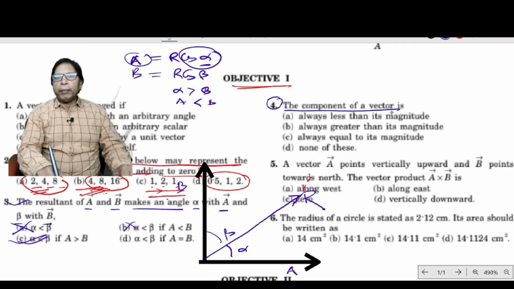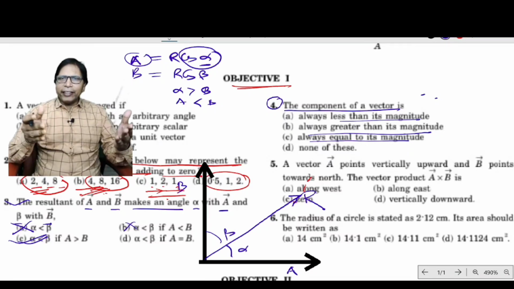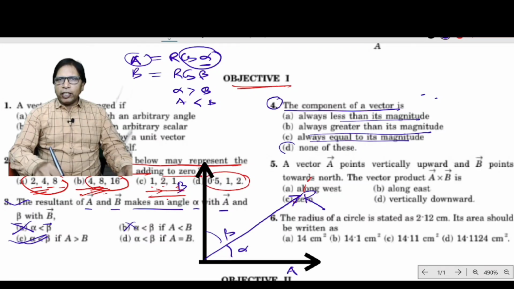The component of a vector is A always less than its magnitude, always greater than its magnitude, always equal to its magnitude. The component of a vector may be equal, less or greater than the given vector. So A, B, C are not correct, therefore D is correct.